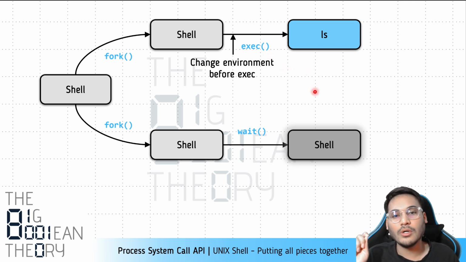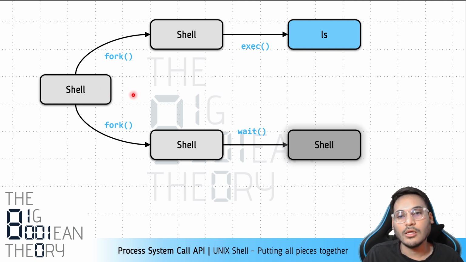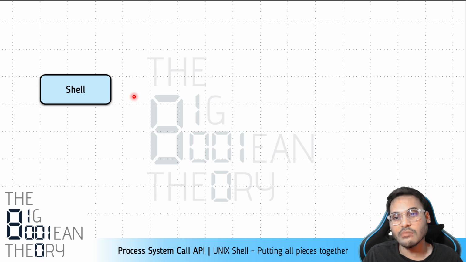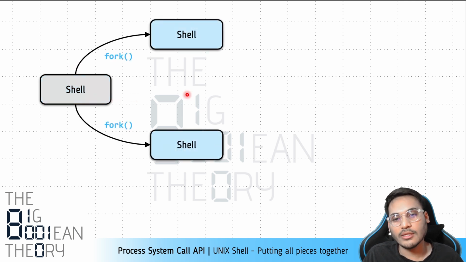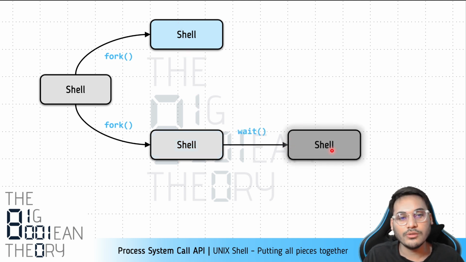So let's come back to our example. Let me again recall what just happened. We have been talking about this altering of the environment. We started with the shell, and we wanted to understand what happens when we enter a command on the command line. When we enter a command, the shell calls fork and creates a new process for the command that we want to execute, and it itself calls the wait system call to go to sleep.